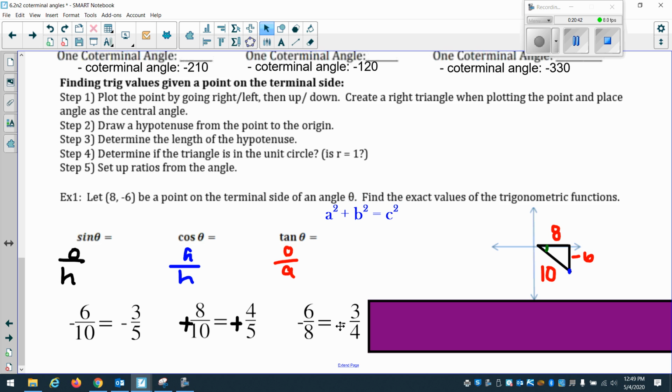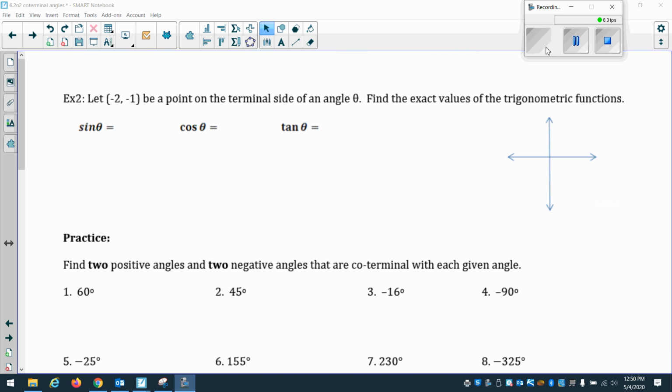So that's how you find exact values when you're given a point on the terminal side of angle theta, which we don't know what the degrees is, so we create our own triangle here to find the hypotenuse. Okay, so I want you to try example 2. Let the point -2, -1 be on the terminal side of the angle theta. Find the exact value of the trig functions.